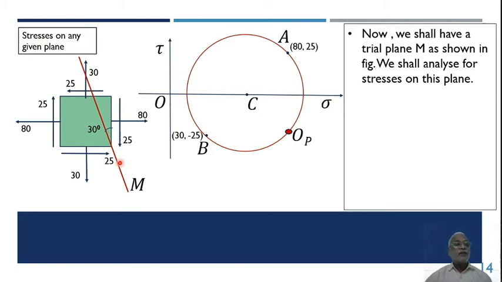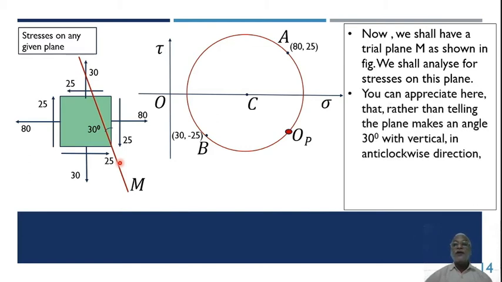That is the analytical method, but here it is quite simple. Now, first and foremost, how do you communicate this plane M? You can appreciate here that rather than telling the plane makes an angle of 30 degrees with vertical in anti-clockwise direction, how do you define that?